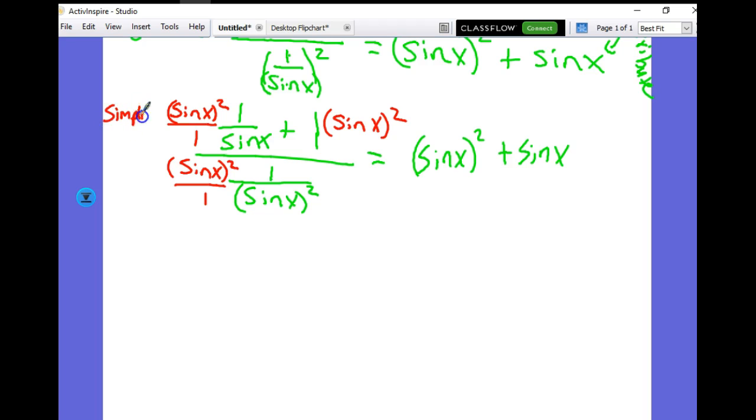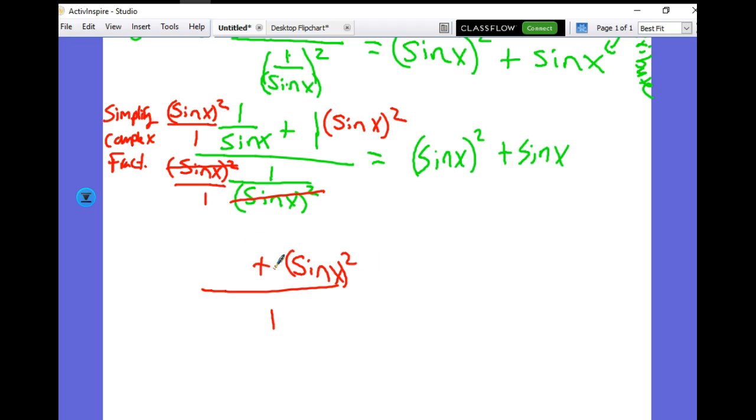Simplify the complex fraction. All right, so on the bottom here, notice that these are exactly the same, so they cancel, right? And there's nothing left down there. So I'll put a 1, but we don't really need to. Sine squared x times 1 is just going to be sine of x squared there.